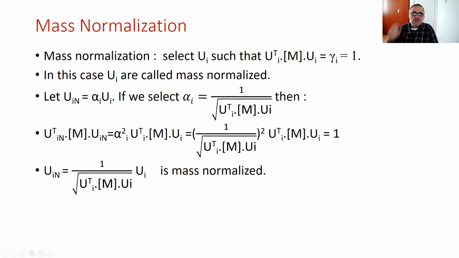So if you divide your eigenvector by the following factor, alpha i equals 1 over root of Ui transpose M Ui, then you will be mass normalizing your mode shape or eigenvector. Okay, this is an interesting result.